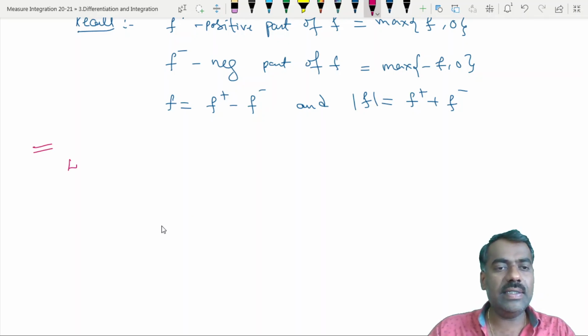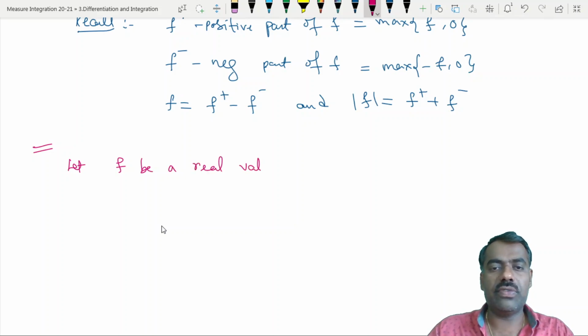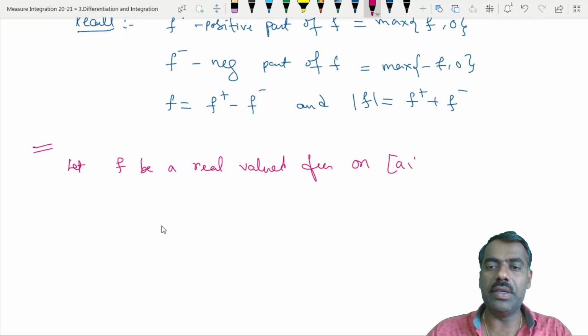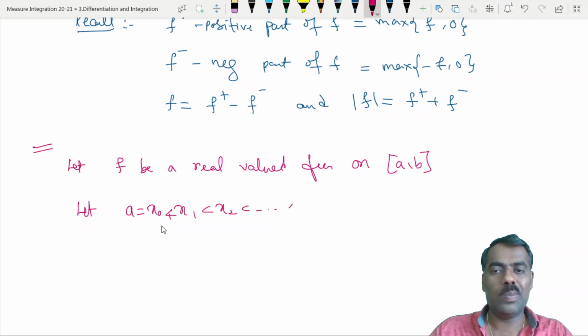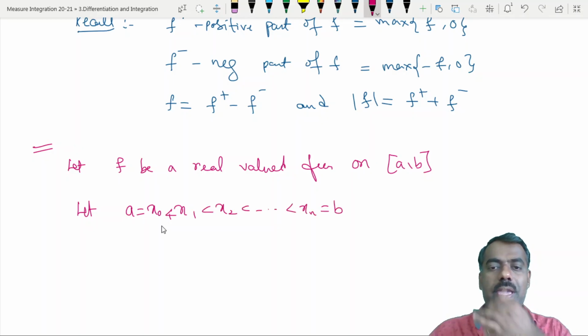So let f be a real valued function defined on a comma b. Now suppose a, which is equal to x naught less than x1 less than x2 up to xn, which is equal to b, right?